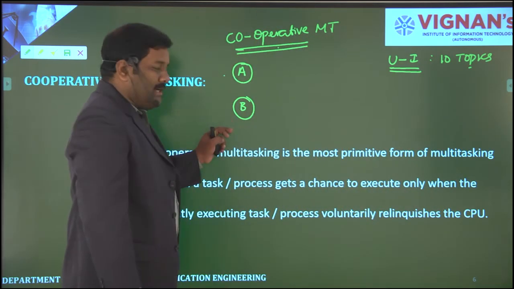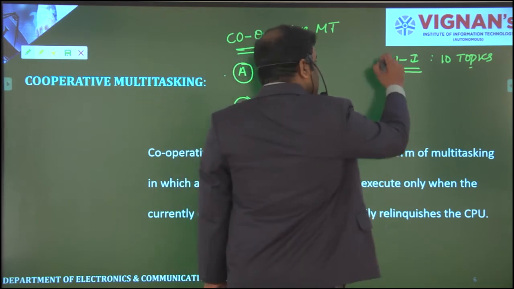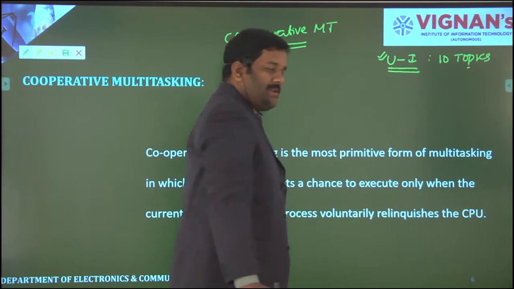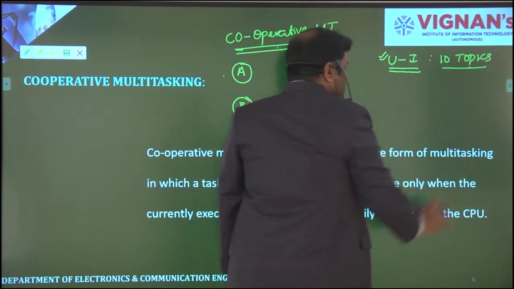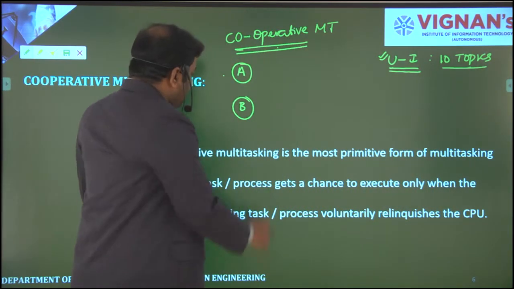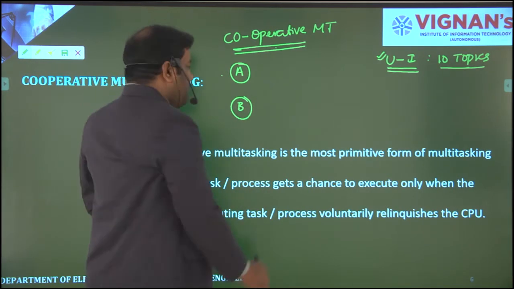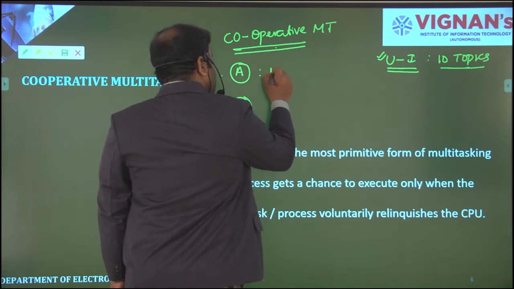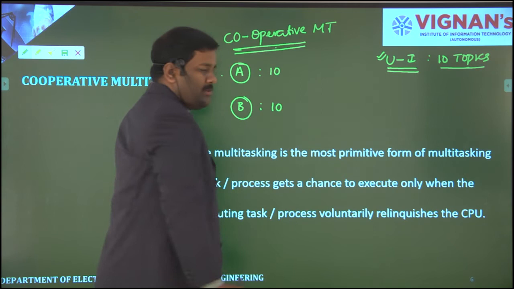Student A and student B, these are the two students, and they have to finish the entire unit 1 syllabus, which has 10 topics. Each of A and B individually has to study the entire unit 1. So A has to study 10 topics and B has to study 10 topics.